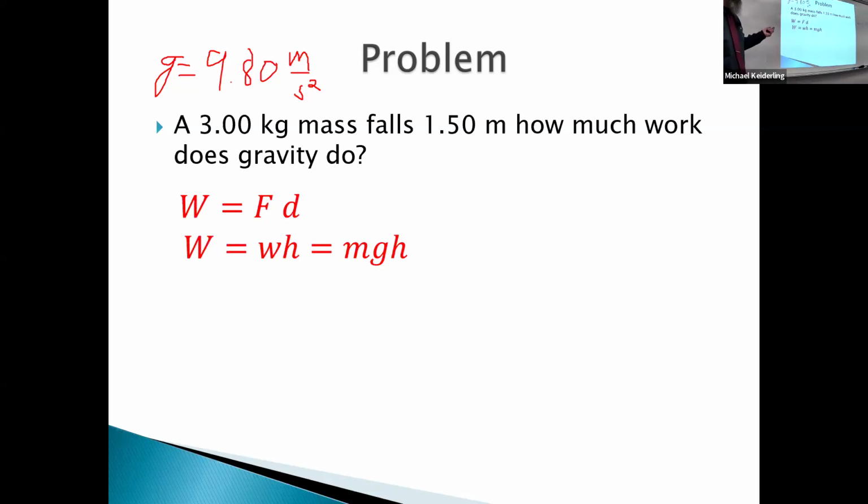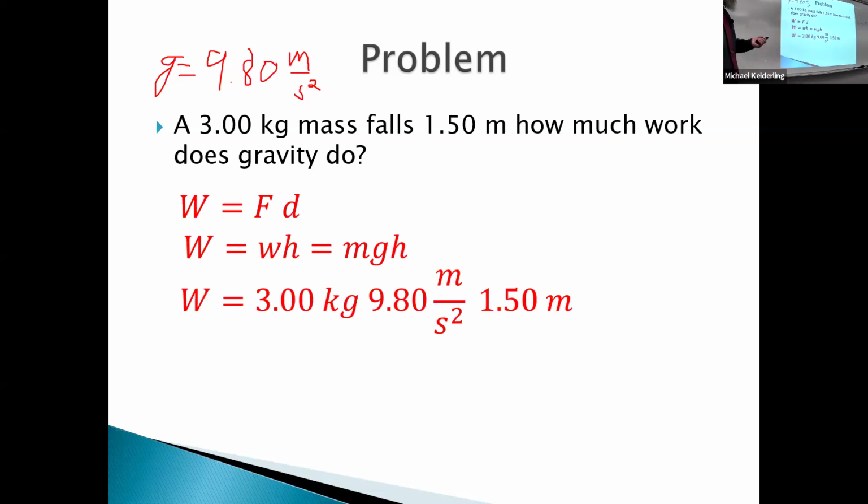Work is force times distance. The force is the weight, which is mg, so the work is just mgh. So 3 kilograms times 9.8 meters per second squared times 1.5 meters gives us 44.1 joules. That is also the work you would have to do to lift a 3 kilogram mass up 1.5 meters working against gravity. So if I drop it, gravity would do that much work. For me to lift it back up takes that much work.